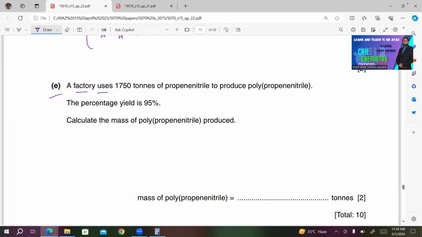A factory uses 150 tons of propene nitrile to produce polypropene nitrile. The percentage yield is 95%. Calculate the mass of polypropene nitrile produced. They have provided us with the percentage yield, that is 95%.